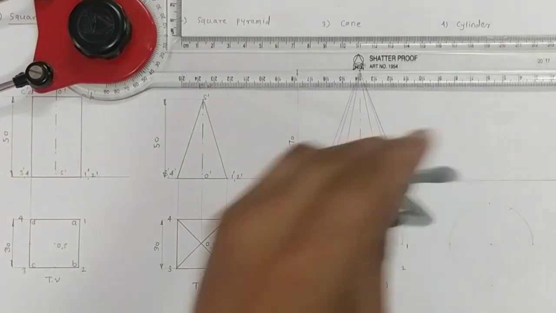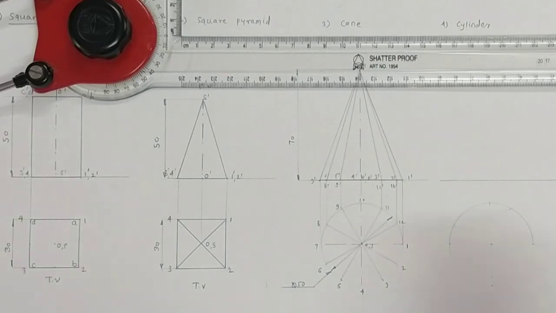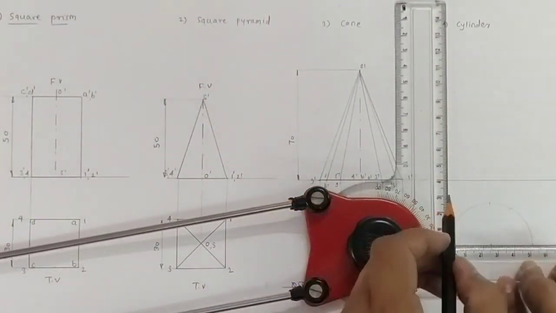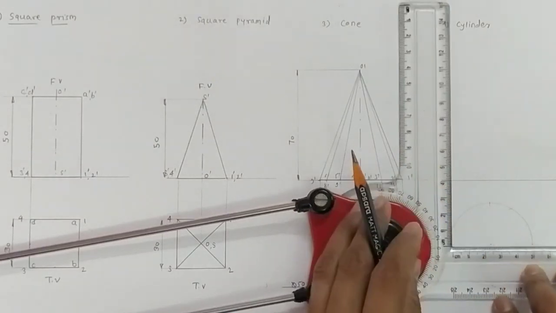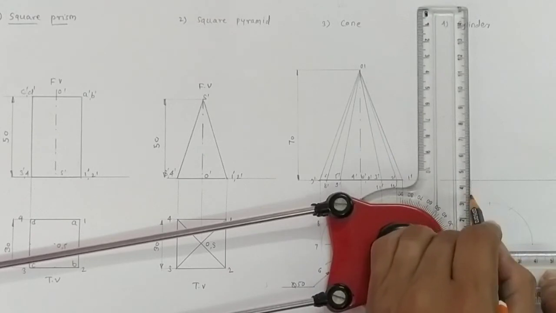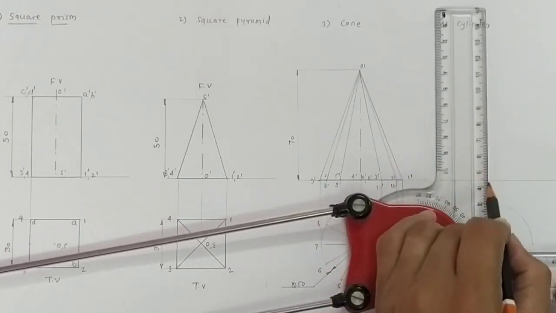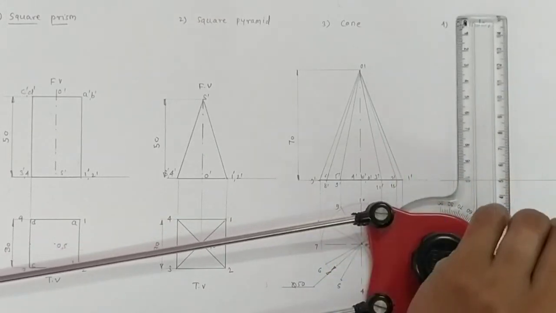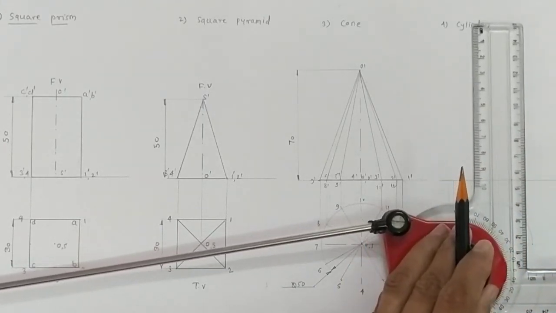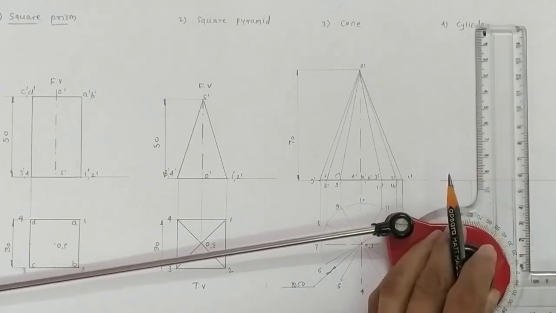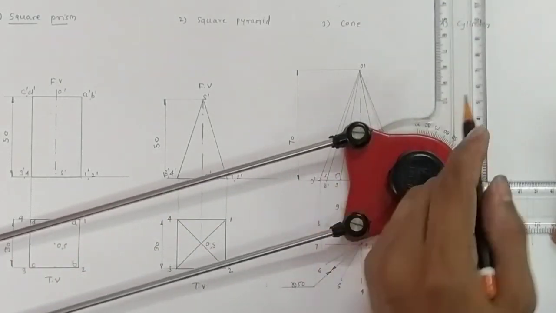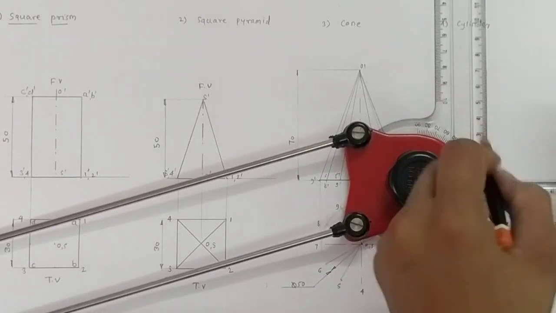Take the projection of all points from the top view to the front view. Axis is given, axis is 70 mm.